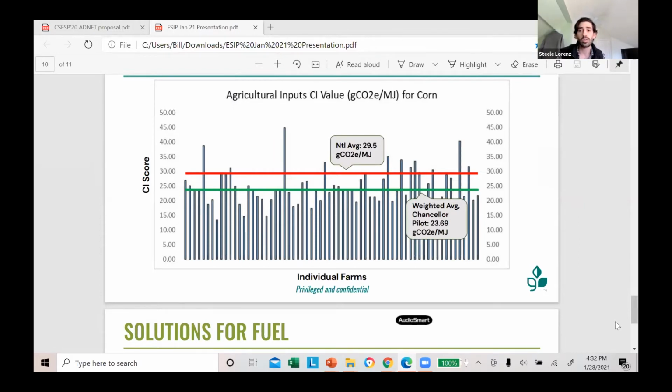But the point is rather to show that everybody can improve the carbon intensity score. And then also potentially, if our goal really is to make sure that crops are grown in the places that are most effective and efficient for them, national programs like those being developed either in a clean fuel policy or in other programs that will reward growers for that may change the path of what is grown where.